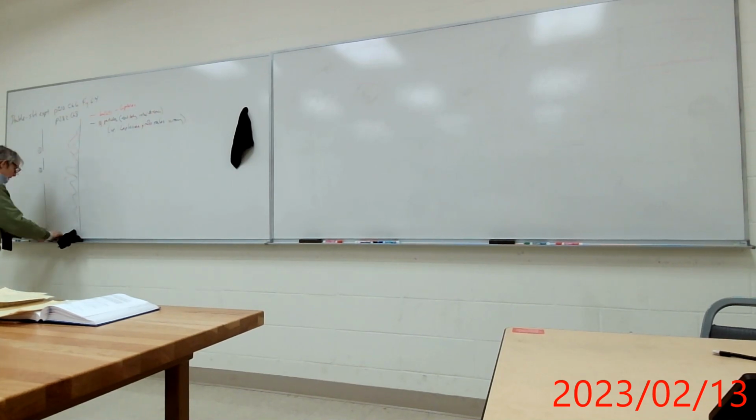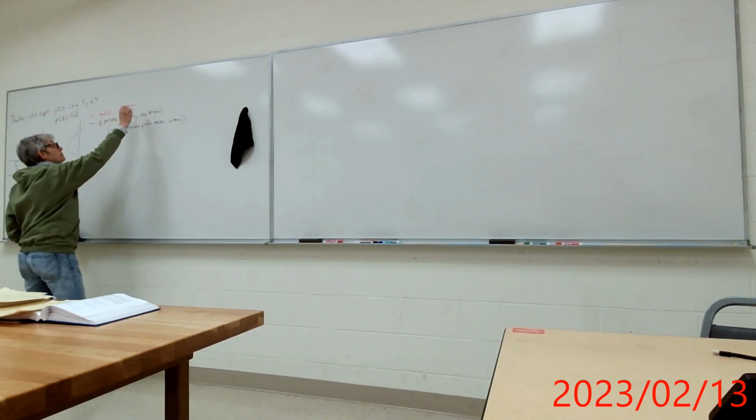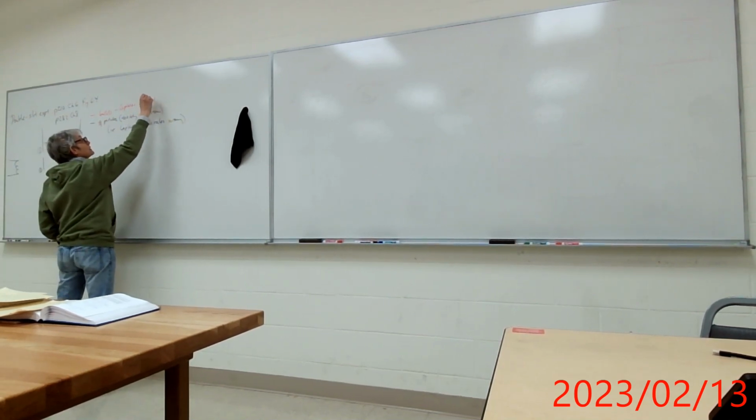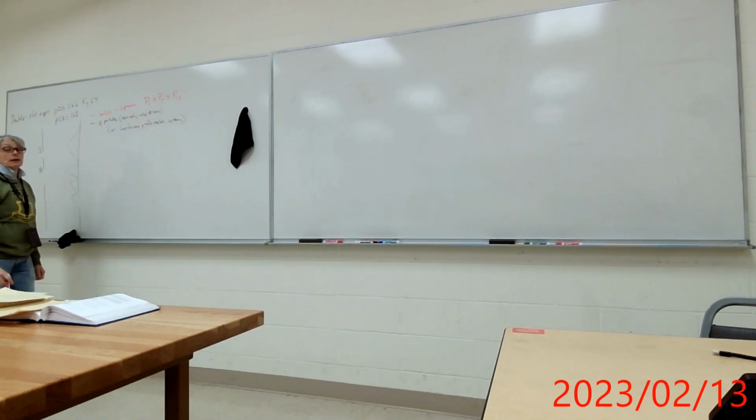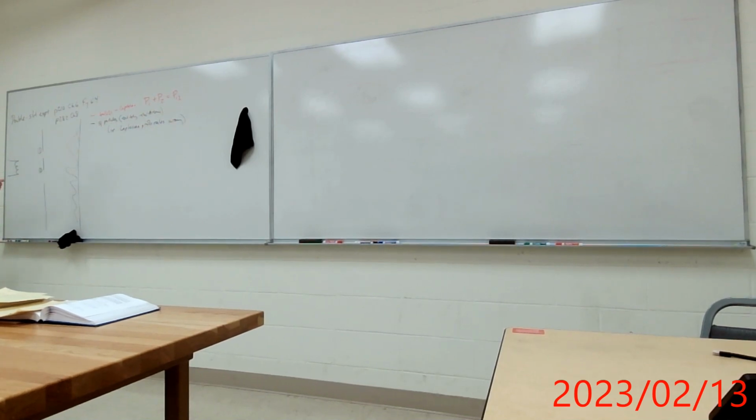If this were exhibiting Laplacian probability, then if both slits are open, I'm going to call that P12, the pattern I get is the pattern I get if only slit 1 is open, plus the pattern I get if only slit 2 is open.